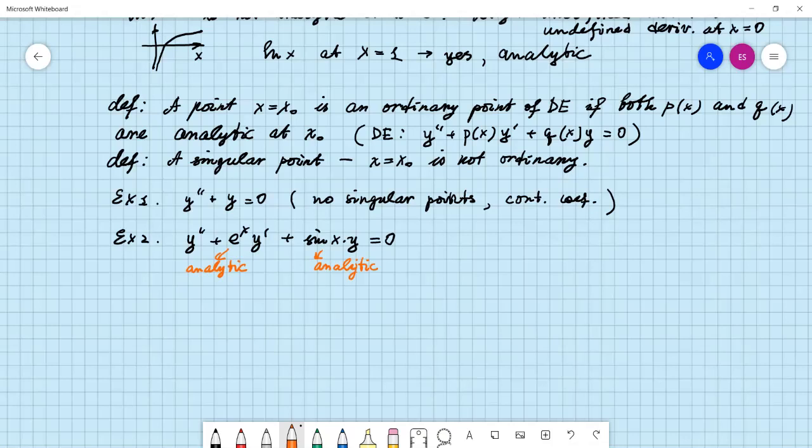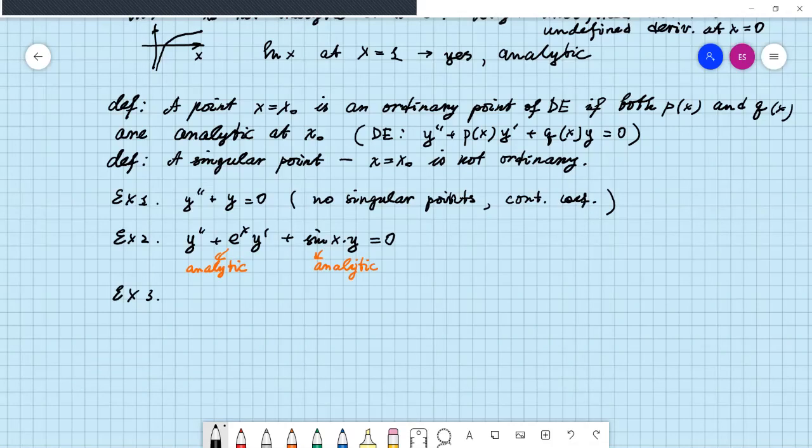They are analytic about any point, and the radius of convergence is infinity. So the function has no singular points too. So all points are ordinary, right?